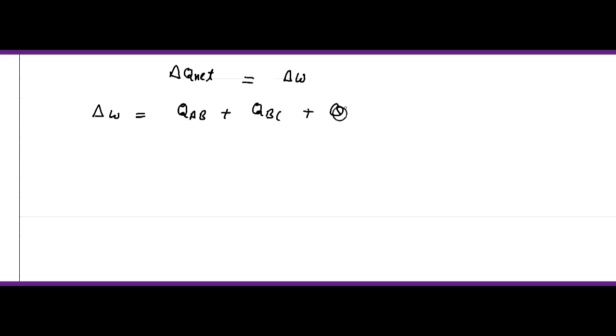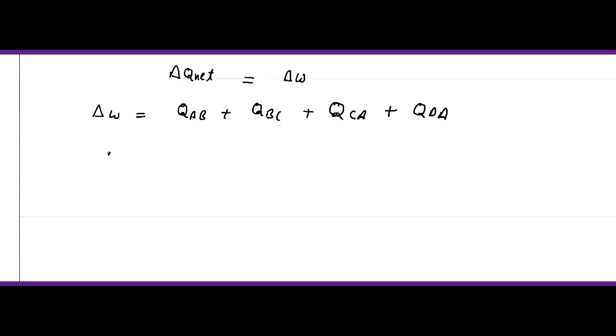That means heat is equal to work done. Now here we find delta W is equal to QAB plus QBC plus QCD plus QDA.